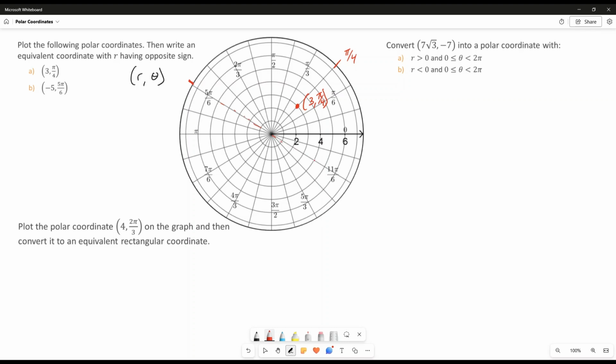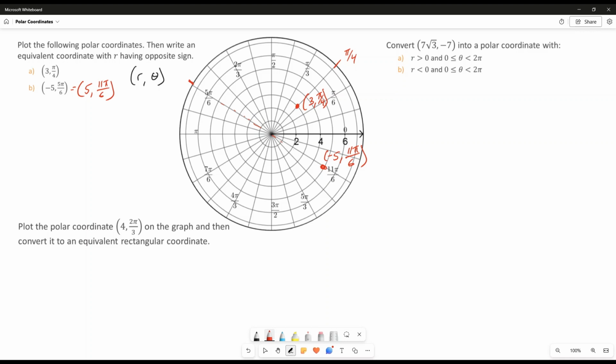So 1, 2, 3, 4, 5. So this is where negative 5 comma 5 pi over 6 is going to be located. Okay, it's actually on the 11 pi over 6 angle. So instead of writing negative 5 comma 5 pi over 6, I could just as easily say this is a positive 5 comma 11 pi over 6.